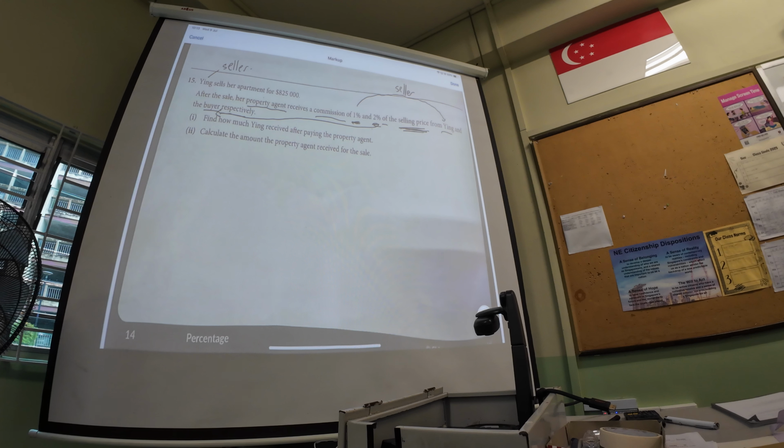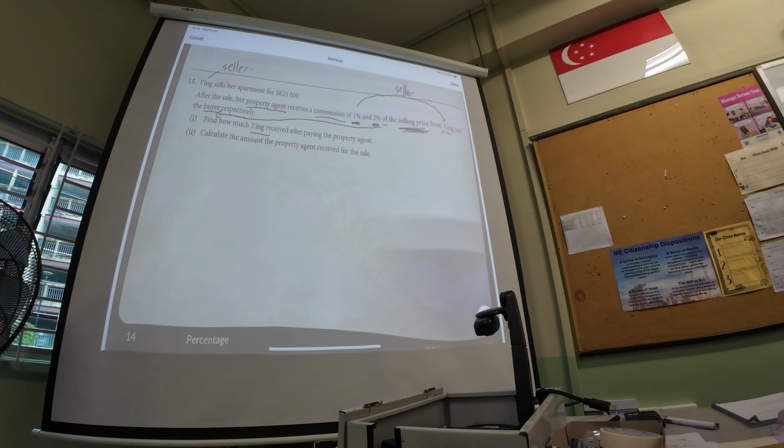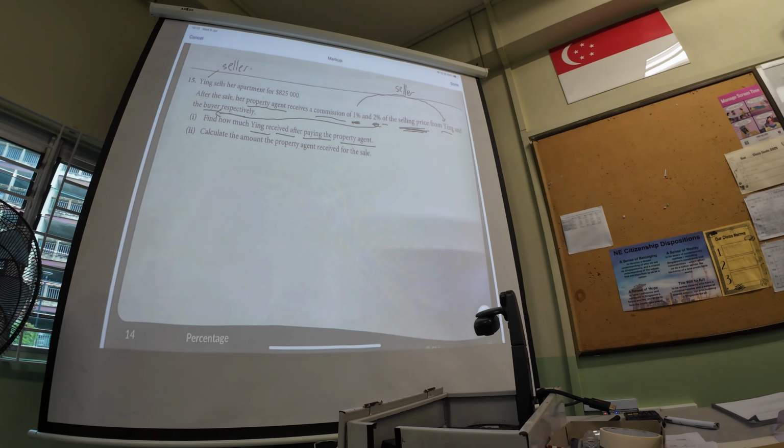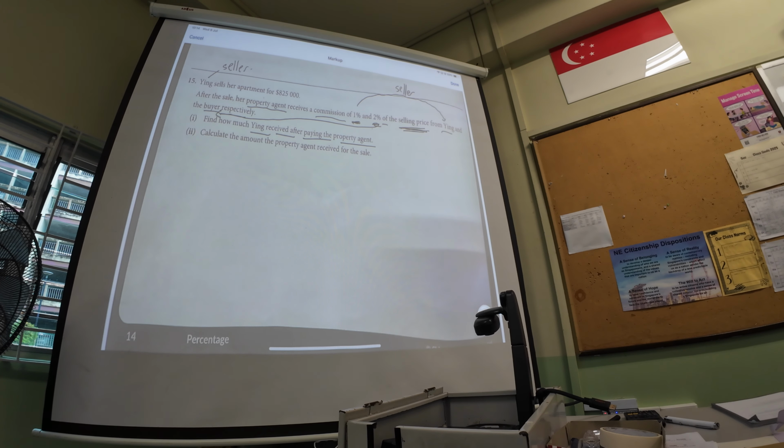So this is the whole story now. If you know the story, the calculation is not that difficult. How much does In receive after paying the property agent? In is the seller. I sell the house for 825,000.